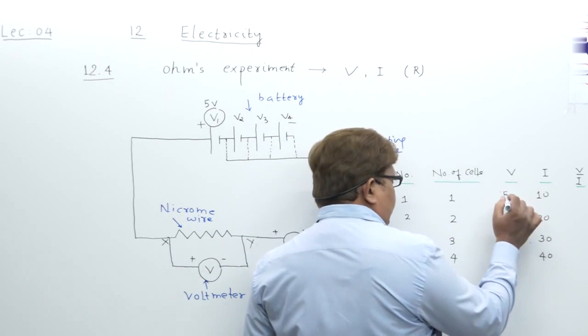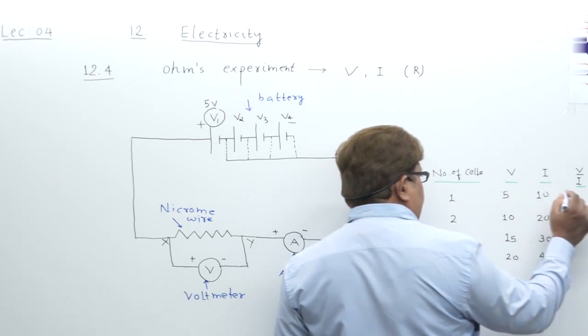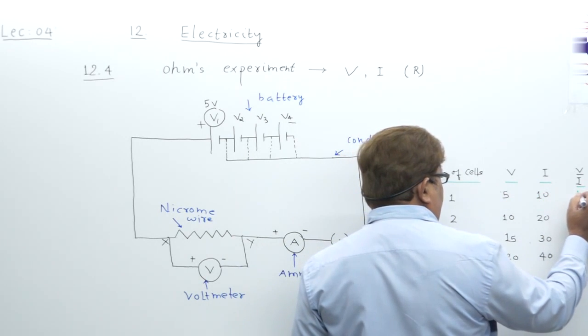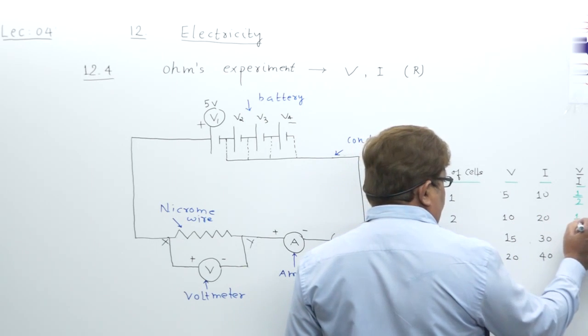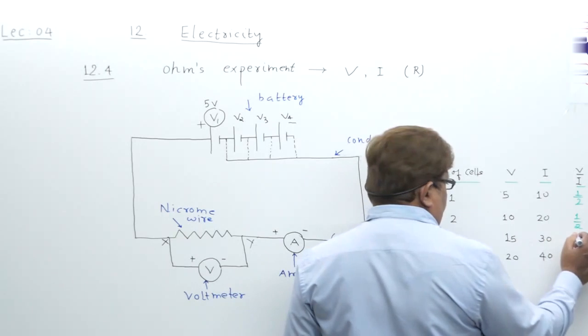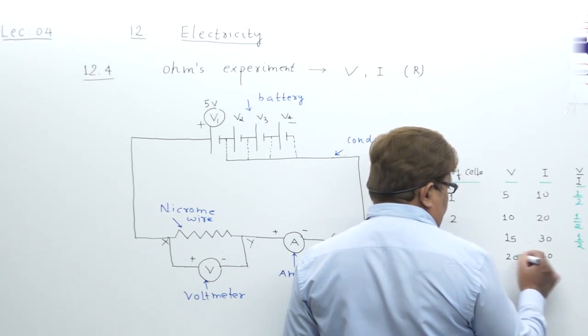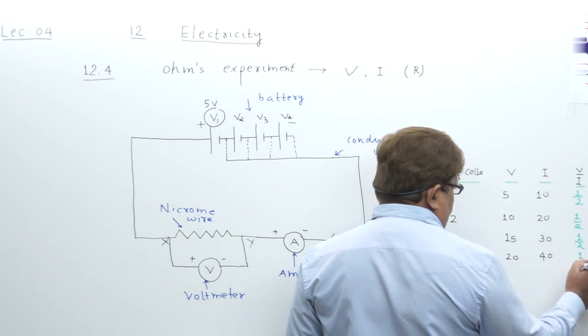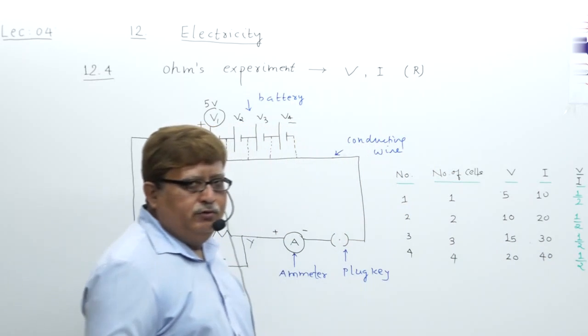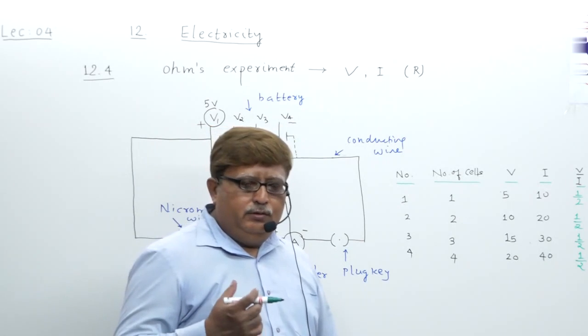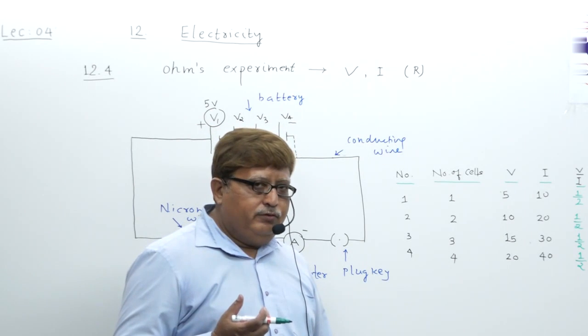Suppose V upon I, 5 upon 10 turns out to be 1 upon 2, 10 upon 20, 1 upon 2, 15 upon 30, 1 upon 2, 20 upon 40, 1 upon 2. That means what, my dear student? Try to remember 8th standard.